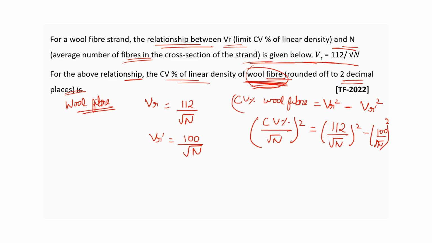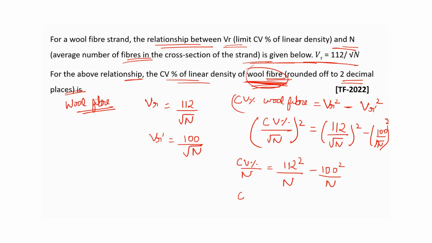If you solve that, then CV percent upon n is equal to 112 squared upon n minus 100 squared upon n.